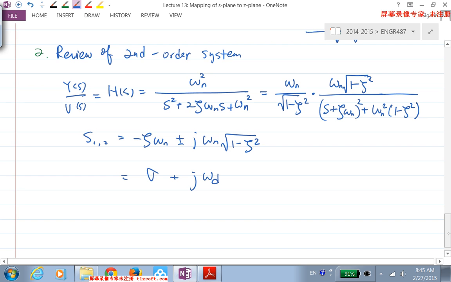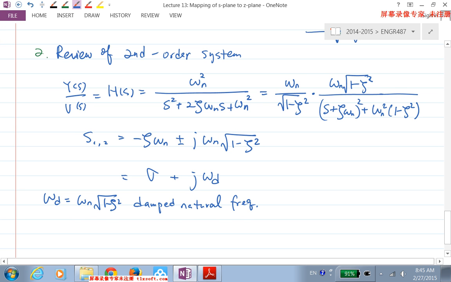Omega d is called the damped natural frequency.